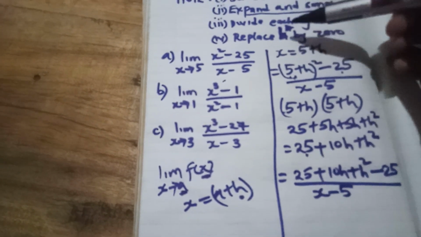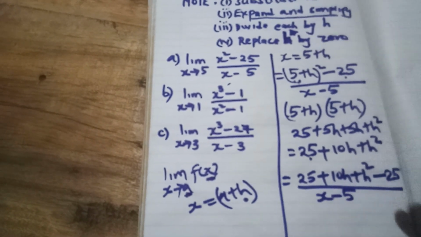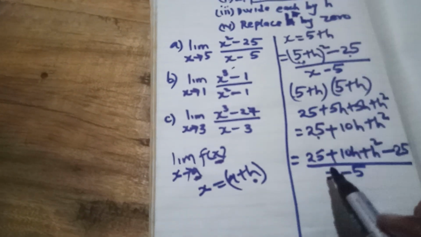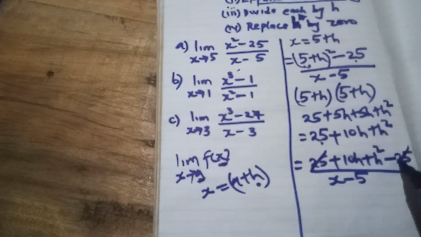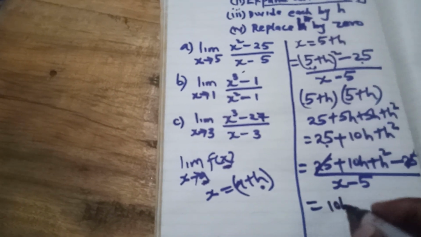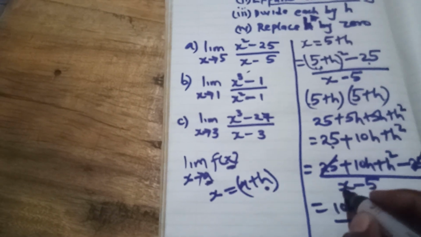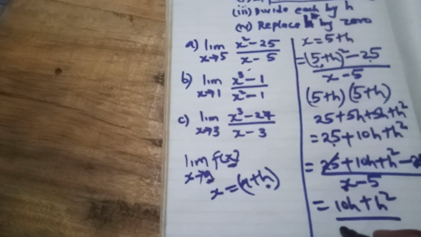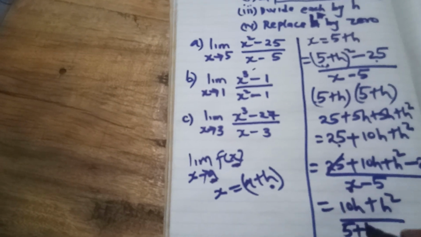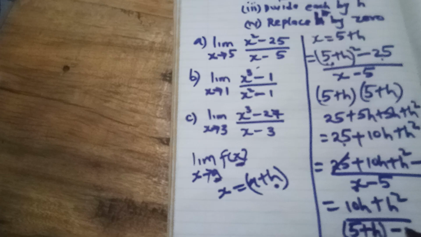Then the third procedure, we said divide each by h. So we have to divide each and every term by h. We simplify first: the 25 and the minus 25 cancel out. We remain with 10h plus h squared, out of x, which is 5 plus h minus 5.